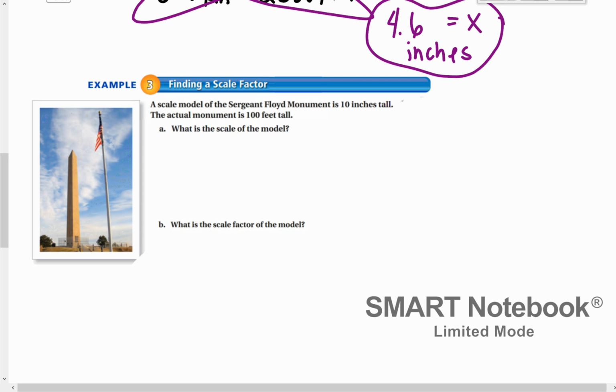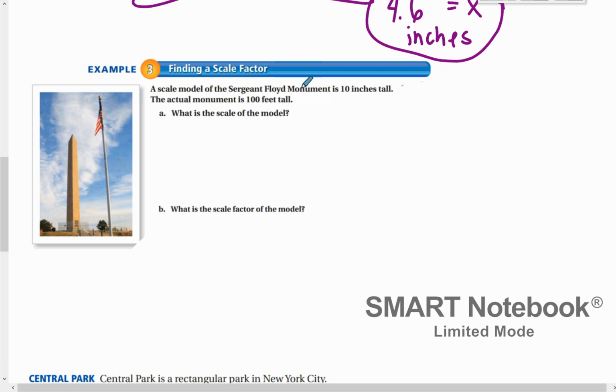Number 3, I want you to try this on your own. Oh no, we haven't done one like this, sorry. The scale model of the Sergeant Floyd Monument is 10 inches tall. The actual monument is 100 feet tall. So the scale of the model is 10 inches is 100 feet. They want to know what is the scale factor.